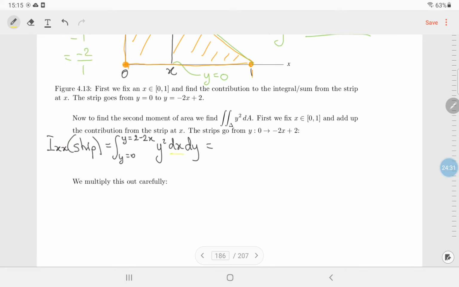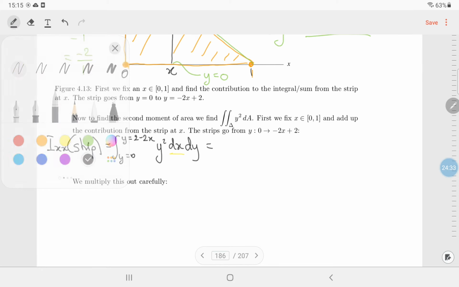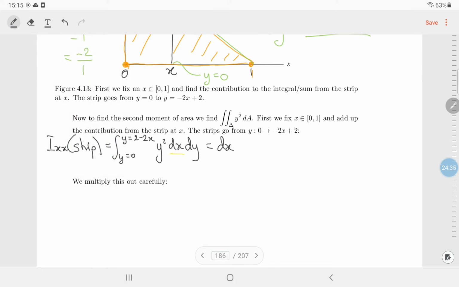Fix the constant dx, so we're just going to fix that now. And then we're going to anti-differentiate y squared with respect to y. So as usual, add 1 to the power, divide by the new power. And we're going from 0 to 2 minus 2x. Now when we substitute in 0, we'll get, well, let's show it here.